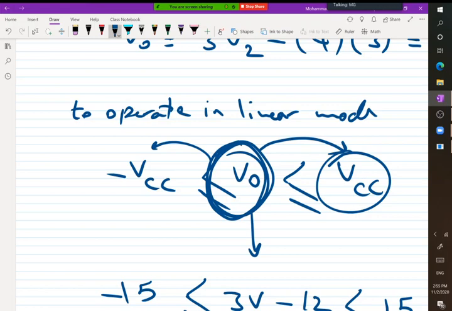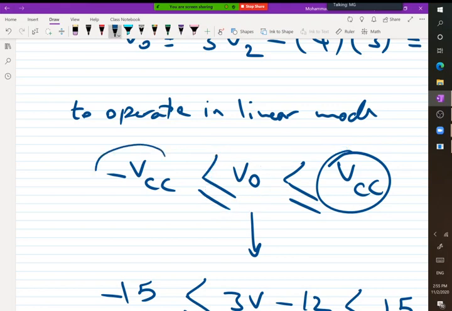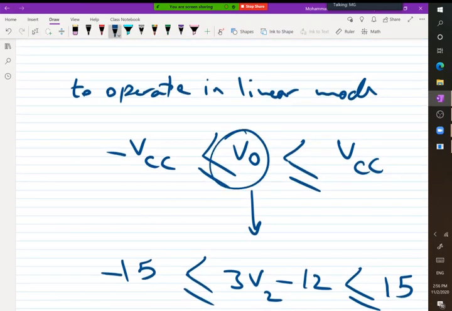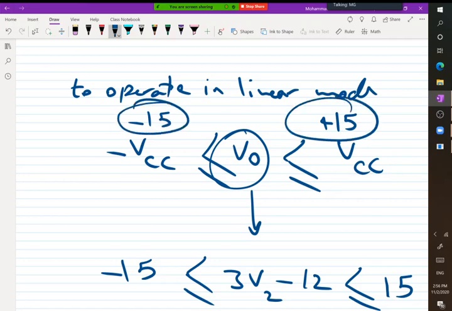It's not possible for VO to go beyond VCC. If it is supposed to be less than negative VCC, it will be stopped at negative VCC. So our output, because VCC is positive 15 and negative 15, cannot be less than negative 15 and more than positive 15.